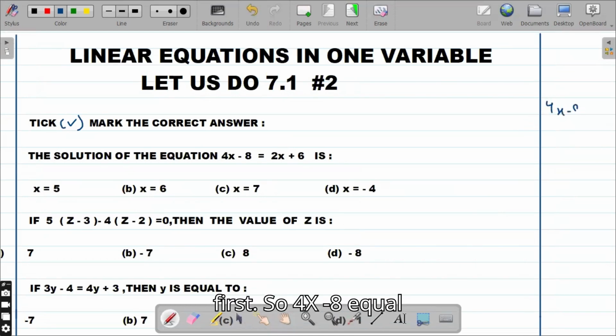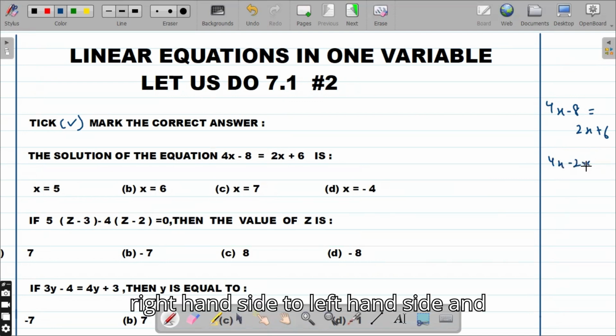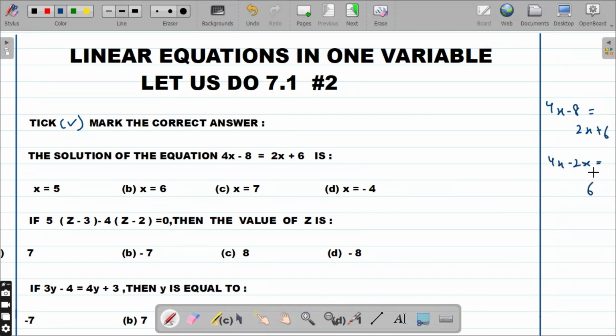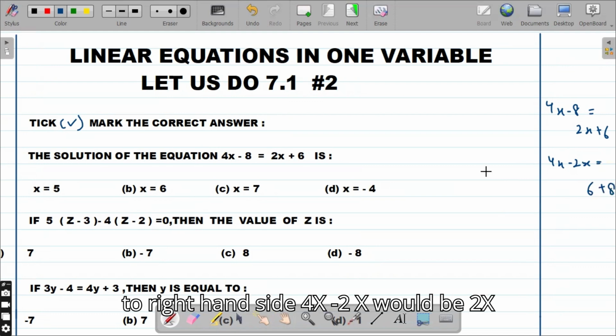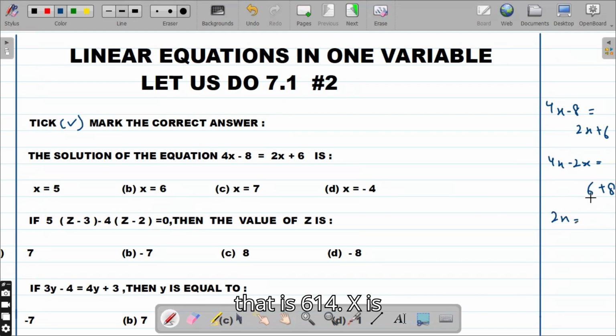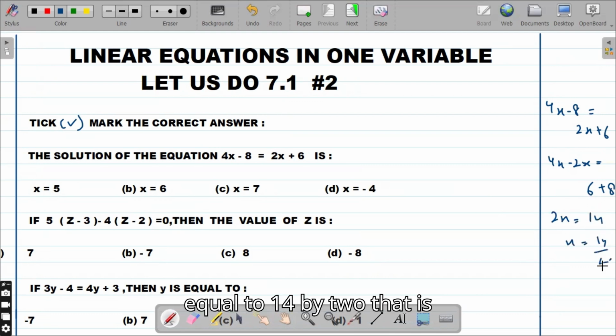So 4x minus 8 equal to 2x plus 6. Bring this 2x from right hand side to left hand side and bring this 8 from left hand side to right hand side. 4x minus 2x would be 2x, that is 14. x is equal to 14 by 2, that is 7. So our answer is 7.